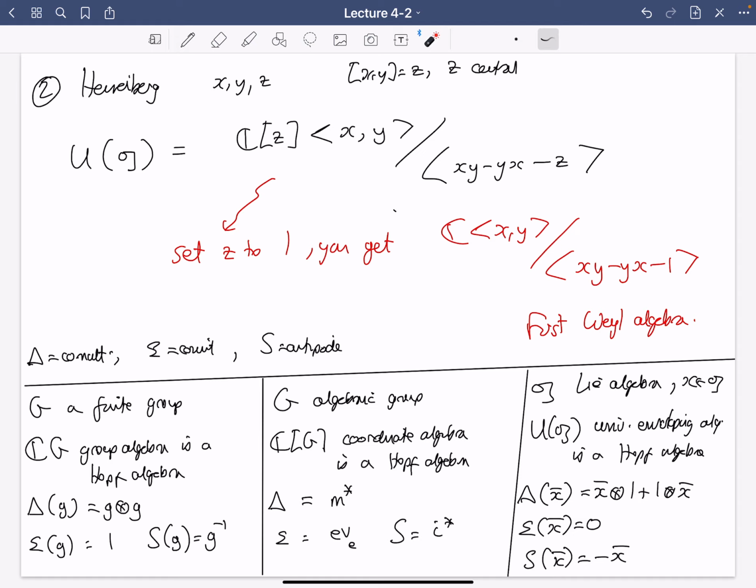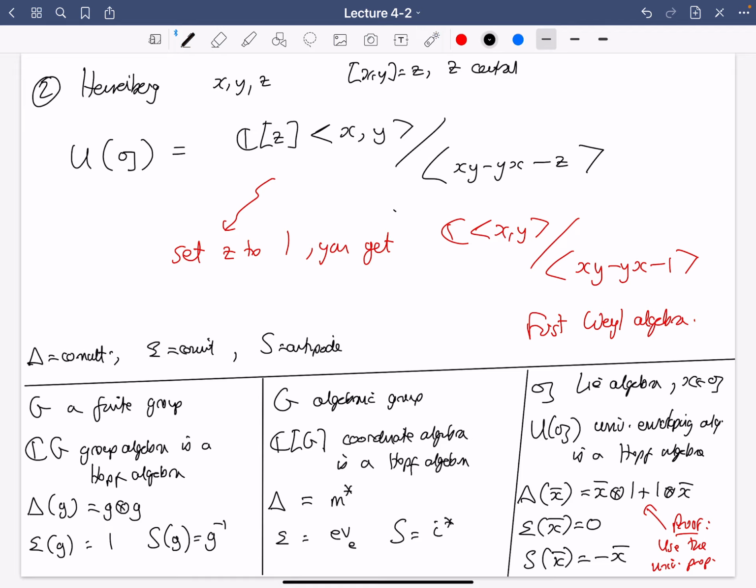And to prove that these exist, you have to use the universal property of the universal enveloping algebra to prove that there is a unique such associative algebra homomorphism delta and a unique such associative algebra homomorphism epsilon from U of G to the field, and a unique such associative algebra anti-homomorphism S. I remember for the coordinate algebra S was actually an algebra homomorphism, but just because this was commutative. Even in the group case, this antipode is an anti-homomorphism.